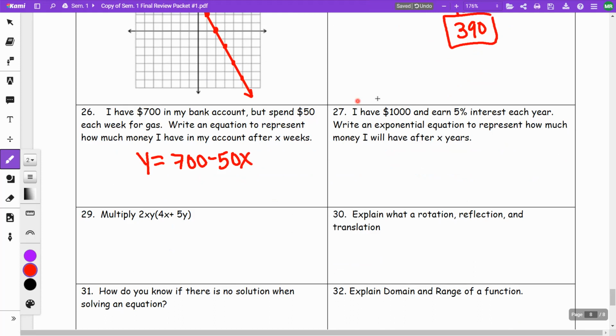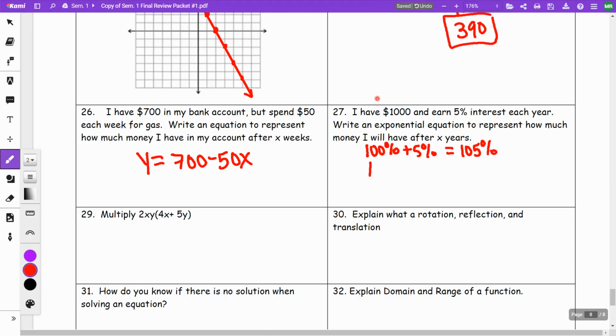Now, this one, we are earning 5% interest. And what happens if we have 5% interest, this actually is going to be exponential. We haven't really talked about this. We'll talk about it more second semester. So if I have 100%, because that's what I have currently, and I'm gaining 5%, I'm now going to have 105%.